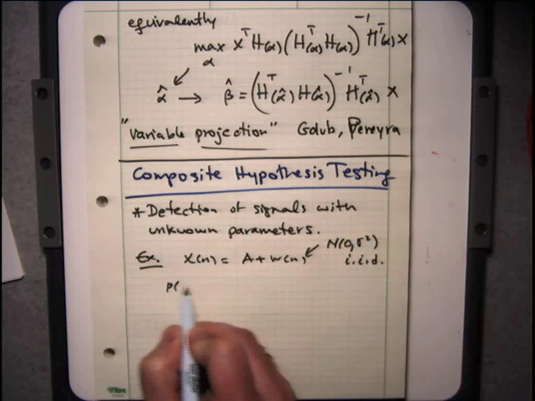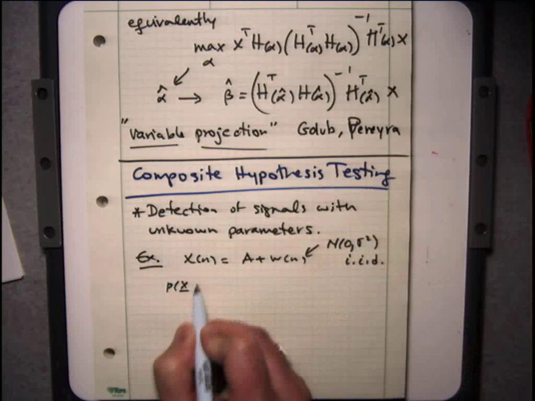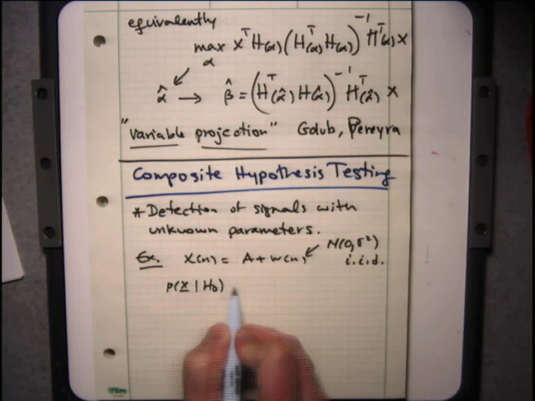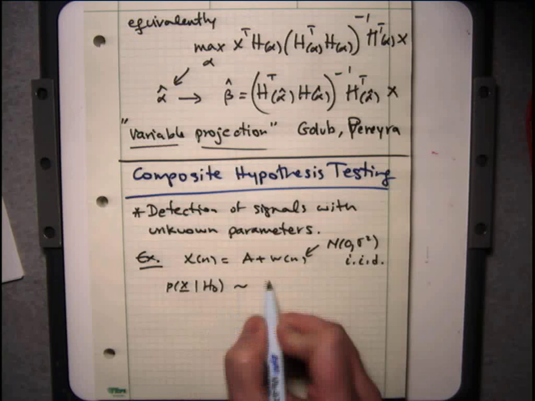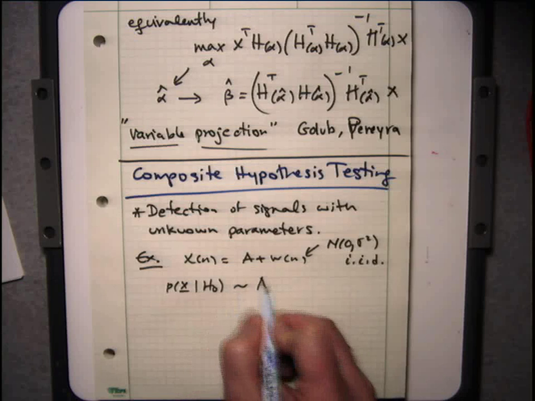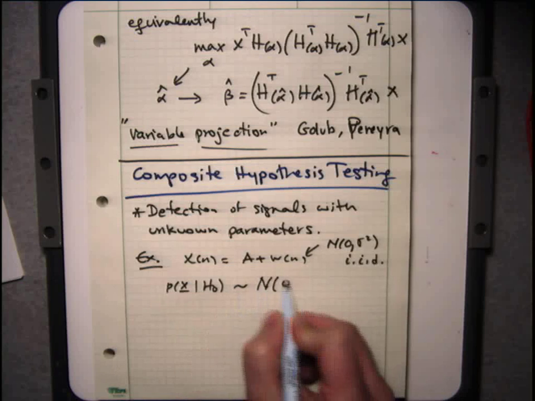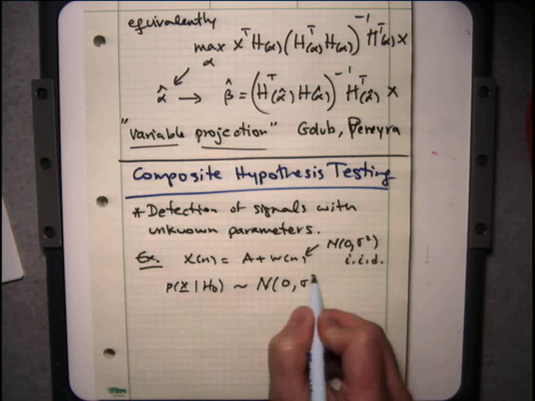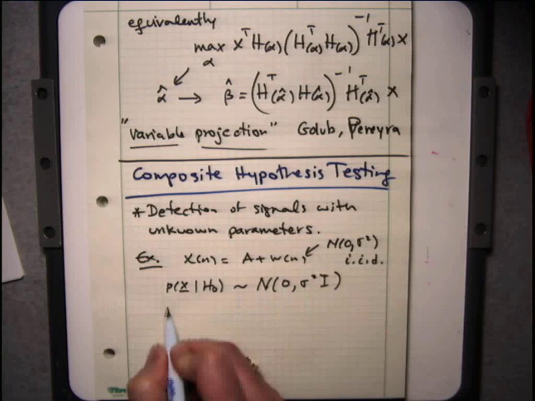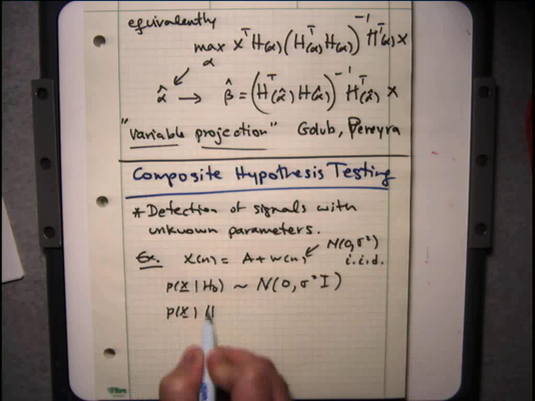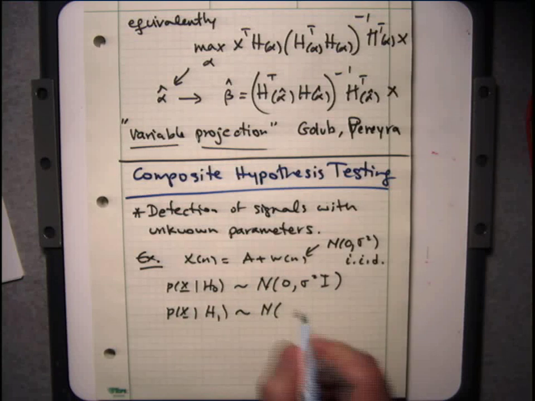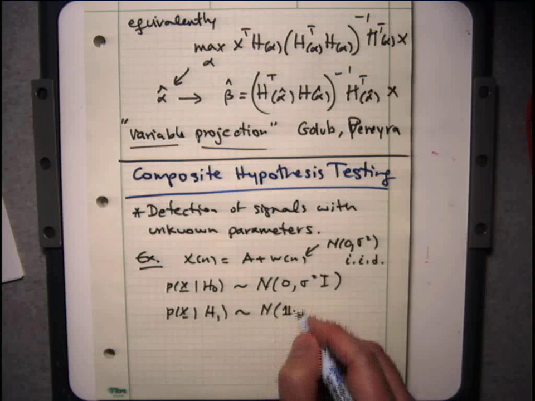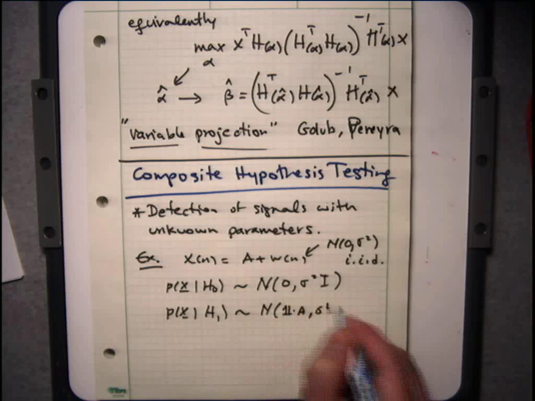Then P of x given H0 is Gaussian with mean 0 and covariance sigma squared identity. And P of x given H1 is normal, a bunch of 1s times a, sigma squared identity, right?